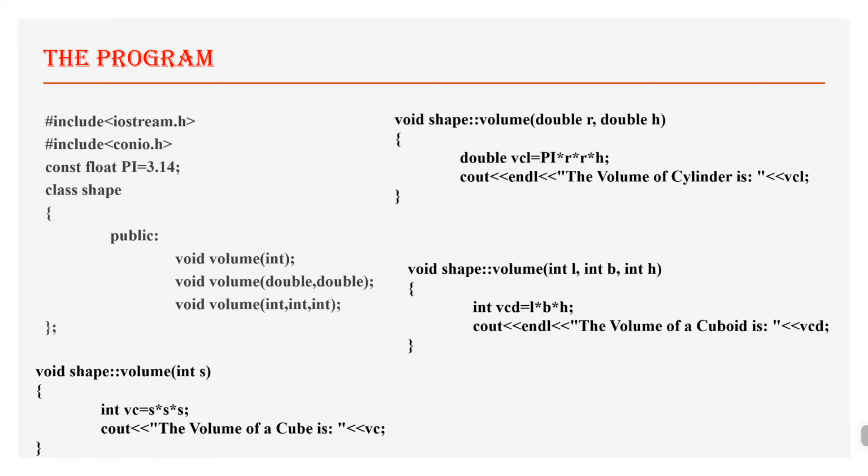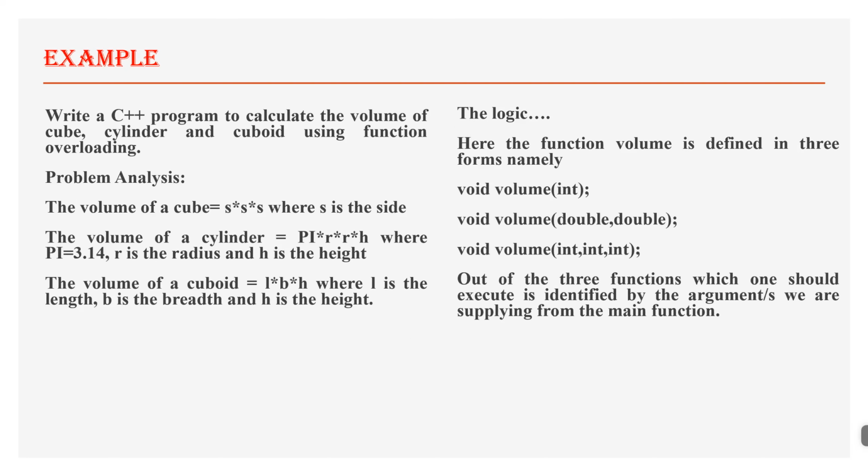Now let me define the class. I will define a class with the shape, and I don't take any data member here. The reason is I am supplying the necessary data elements from the main program itself. Suppose if I want to find out the volume of a cube, I am supplying S from the main program.